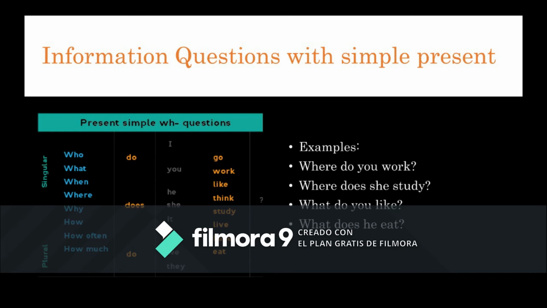First one, you need to write the question plus the auxiliary verb. In this case, you use do for I, you, we, and they, and does for he, she, and it, right? Later, you need to use the verb in the base form.